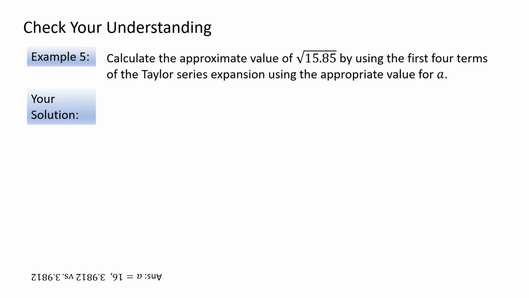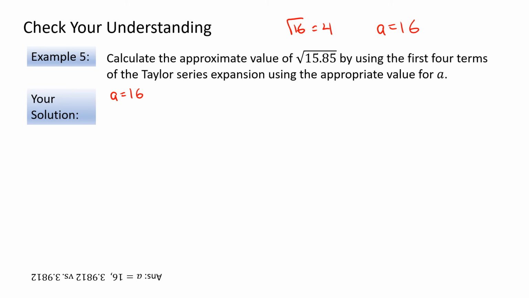So 15.85, I don't know the square root of, not off the top of my head. But I do know that the square root of 16 is equal to 4. So a good value for a here would be 16 because it's a known square root value. It's a starting point for us. So I'm going to start with a of 16.